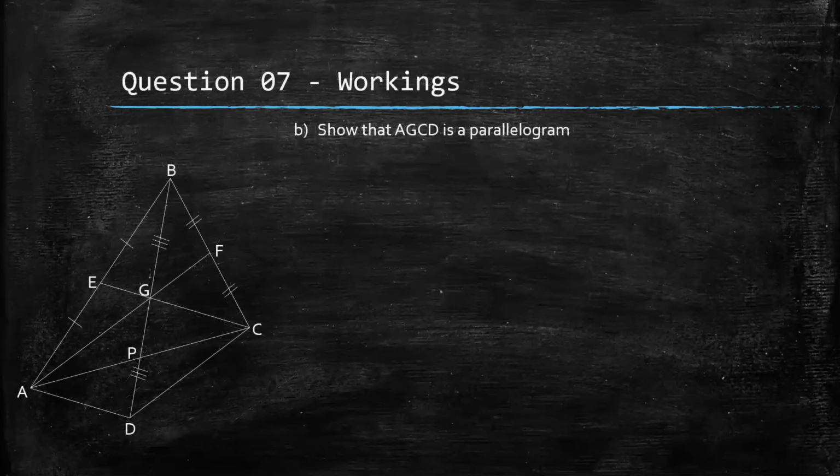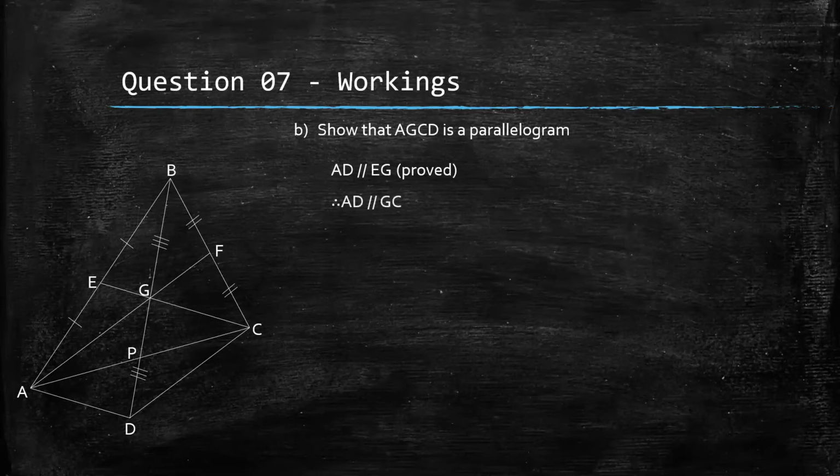Okay. Now let's move into the B part. They have asked, show that AGCD is a parallelogram. Again, you need to know the characteristics of a parallelogram. We can find out AD is parallel to EG, and we have proved it. Therefore AD is parallel to GC.